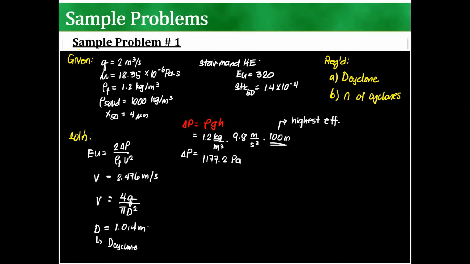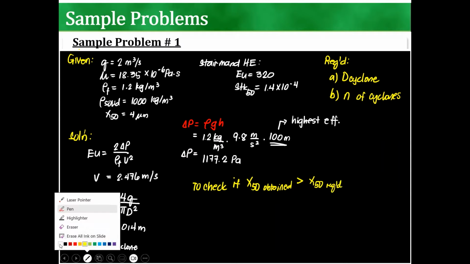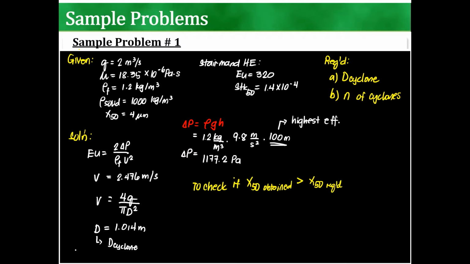But wait, let's check. Because the requirement is that the cut diameter would be at 4 microns. So let's check if the X50 obtained is greater than the X50 required. You have the formula for Stokes.